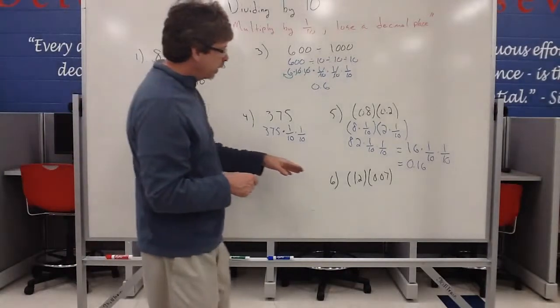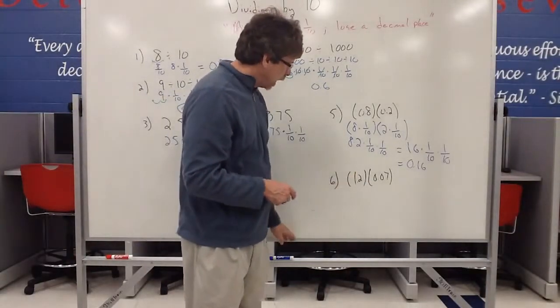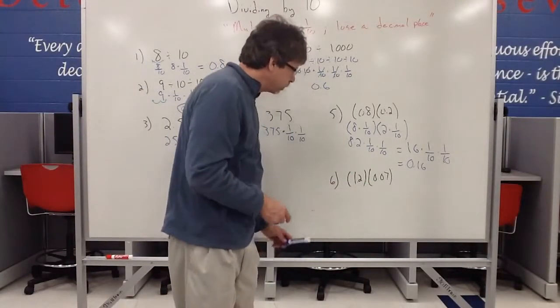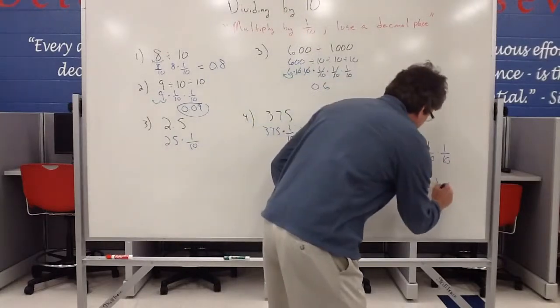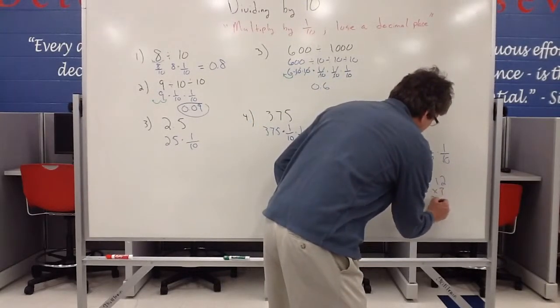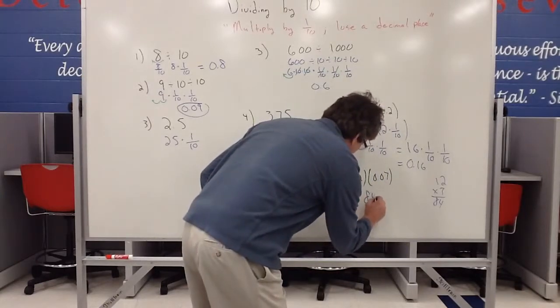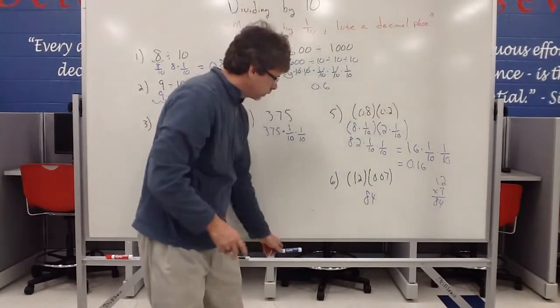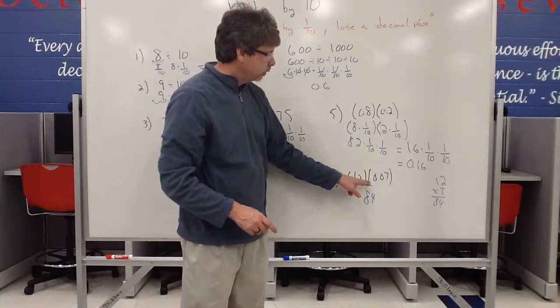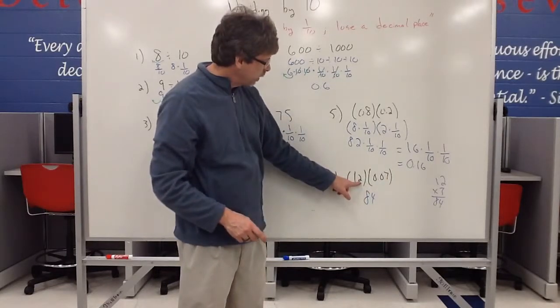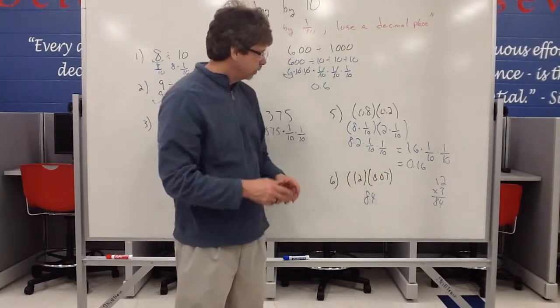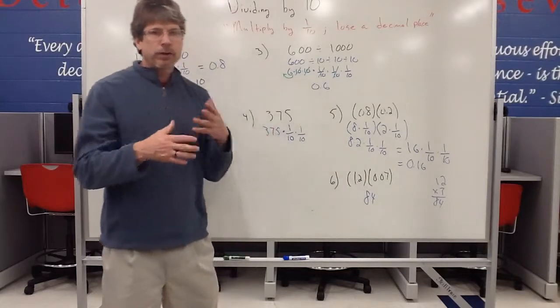So when I look at this problem right here, if I want, I can look at this as 12 times 7. And I can write that as 84. But notice how the decimals still got 1 number there behind the decimal and 2 numbers there behind the decimal. So notice that I've actually removed 3 decimal spots.